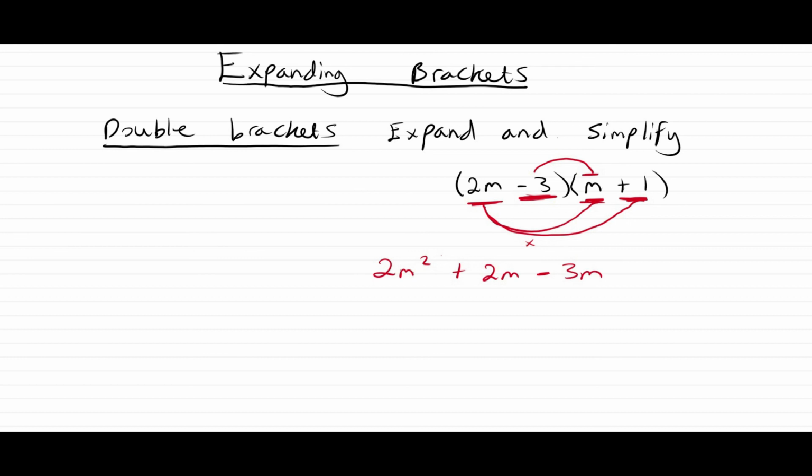And you'll have the same negative 3 and you multiply that by plus 1, which gives you negative 3. Now, all we have to do is simplify. So we now have 2m squared plus 2m minus 3m gives you minus m, minus 3. And there we go.